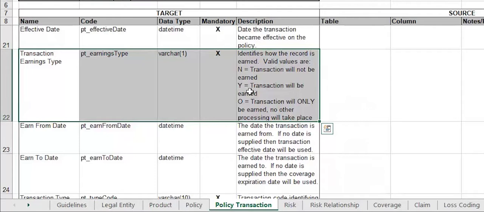Maybe it is a policy fee or a surcharge. If an O is sent, it tells Foresight BI this is only for earnings. The O code is used when you are going to send your own earned premium numbers and thus tells Foresight BI don't do anything else, meaning don't count it in written premium or gross premium or anything else. This is just for earnings.